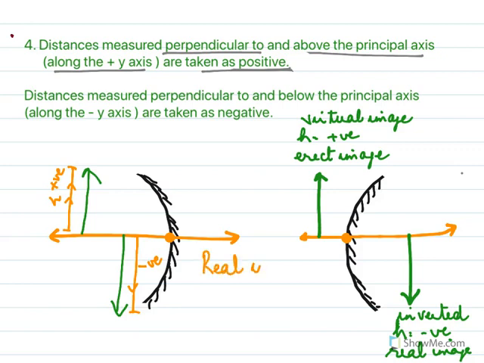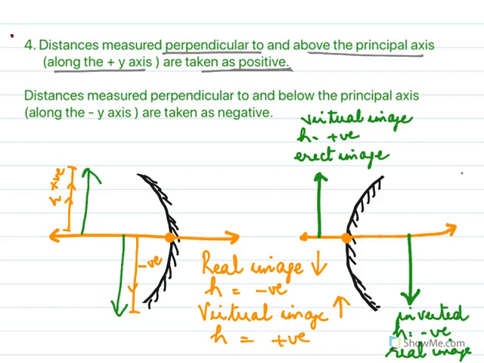Real images are always inverted, and hence the H is negative. But virtual images are erect and the H is always positive.